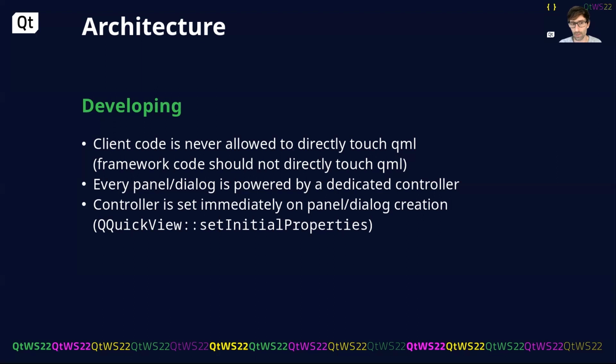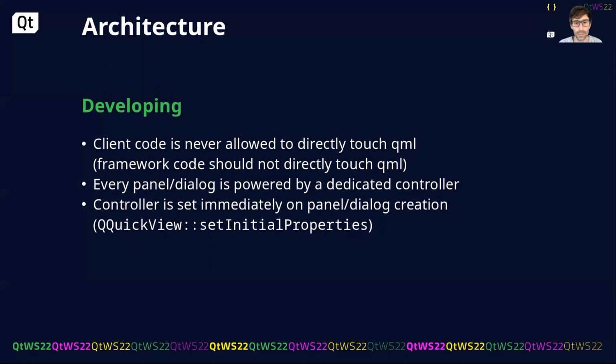basically, when you create a new dialog, for instance, you ask our framework, please create a dialog. You tell it, this is the QML file that should go on the dialog initially. This is my controller that goes along. And then the framework uses set initial properties to set the controller as an initial property on this QML file. So this is really powerful, also because we don't use context properties anywhere.